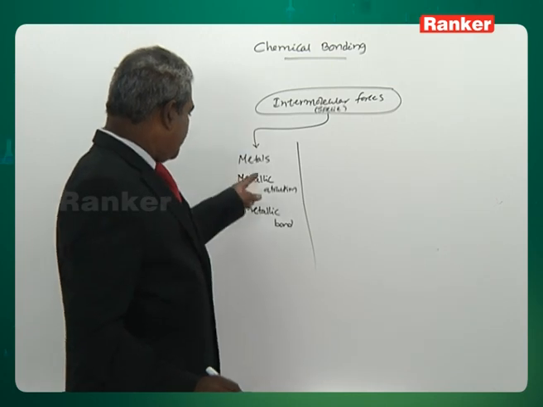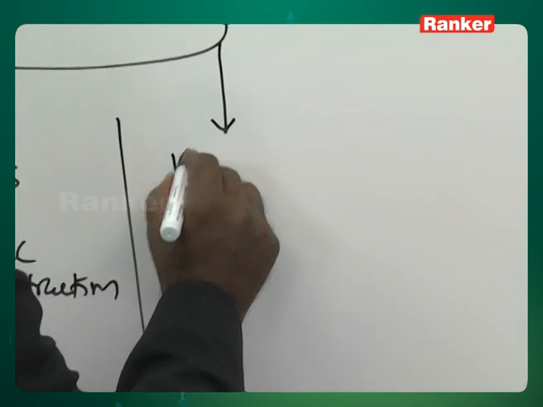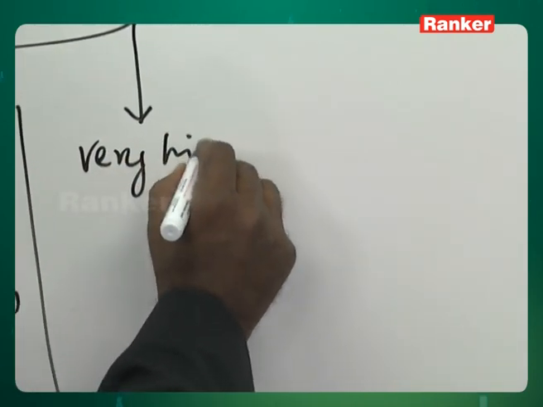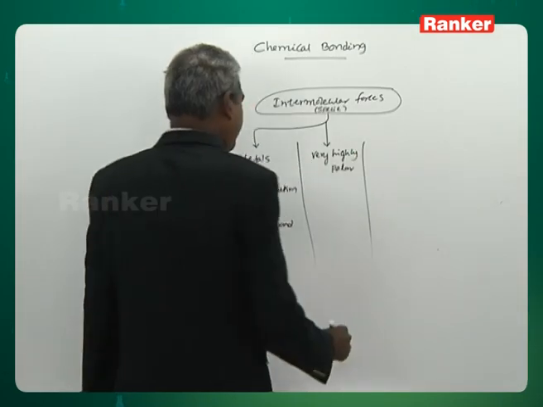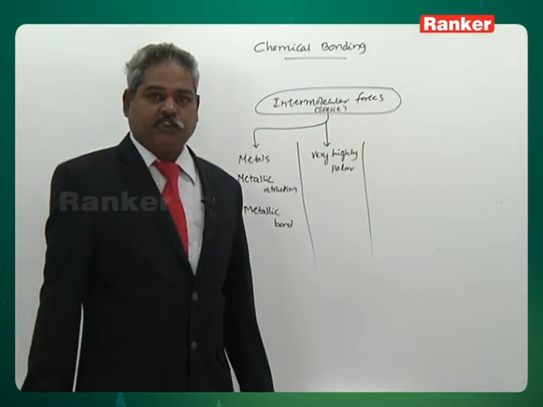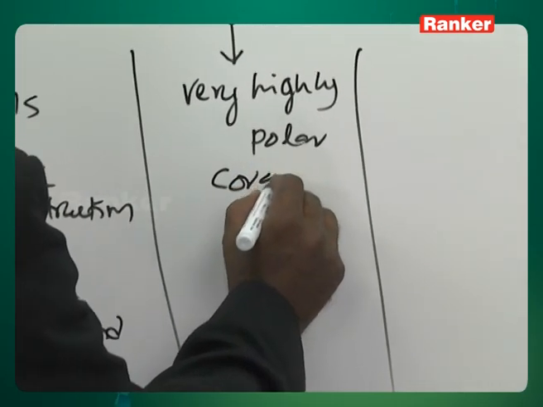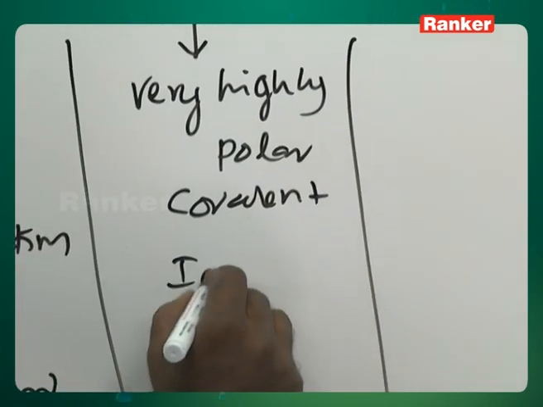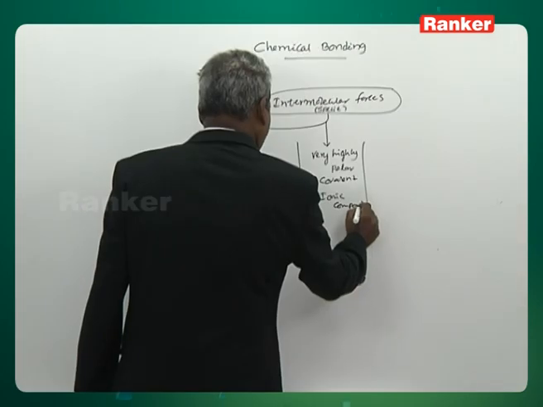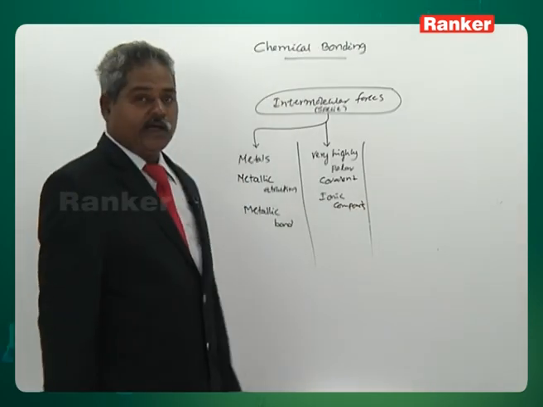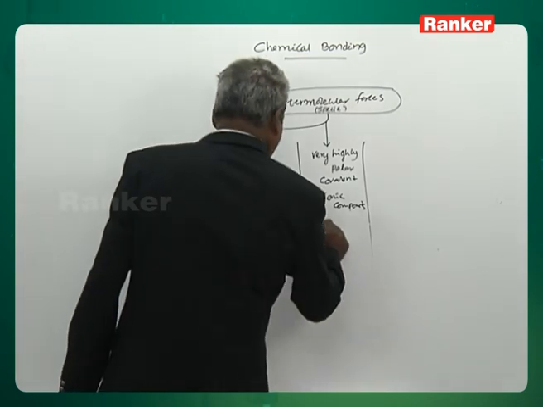So, metals, metallic bond, and very highly polar covalent substances, as we were defining, are ionic compounds. In ionic compounds, the attractions are very highly polar in nature, and the bond is called ionic bond.